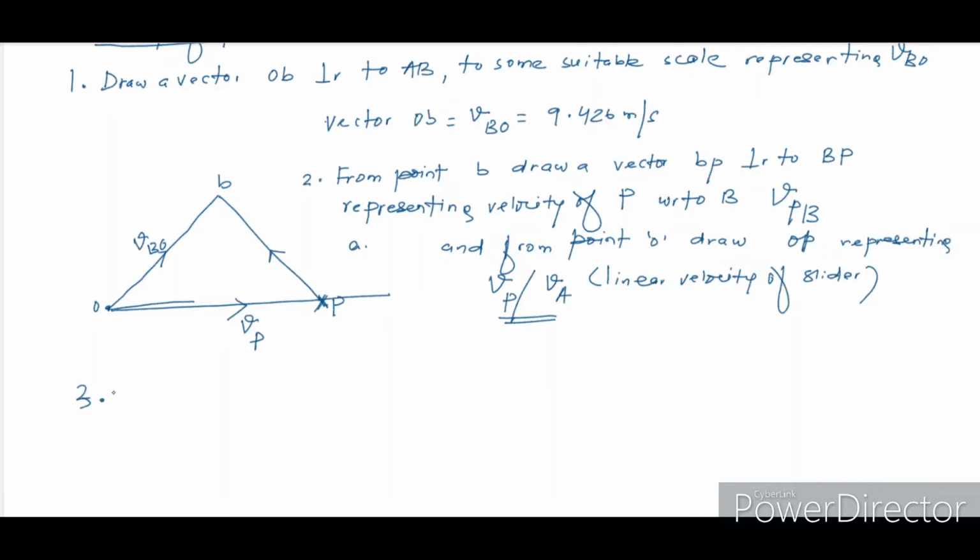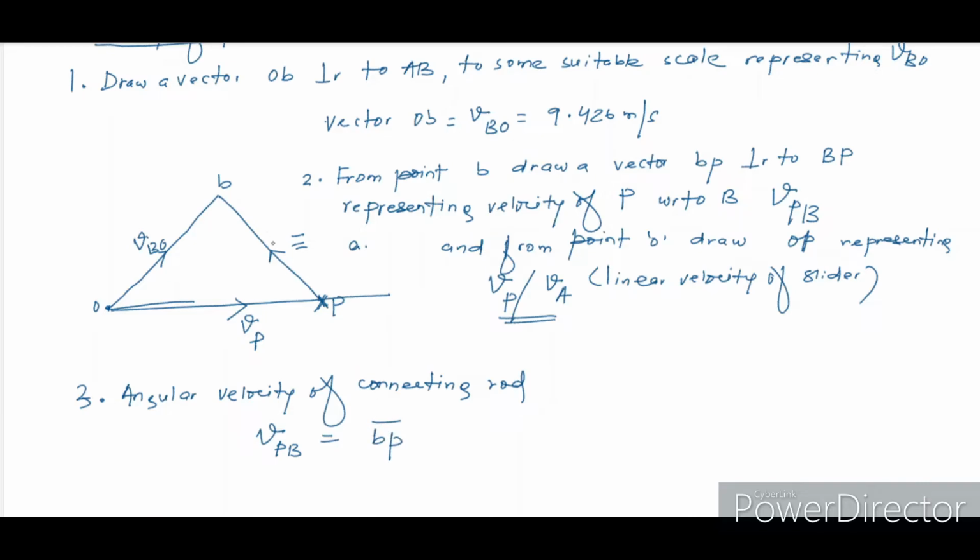Now, third step, angular velocity of connecting rod. This we can easily find out from this scale diagram. So this VPB is equal to your vector BP.